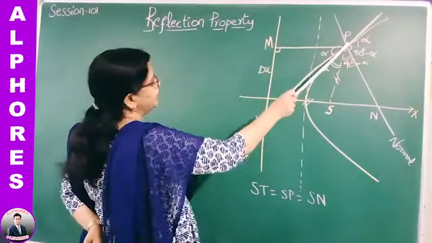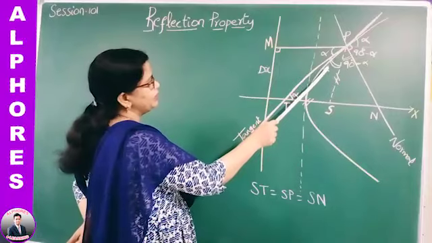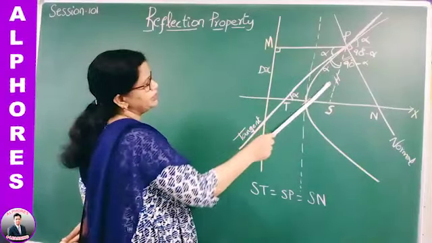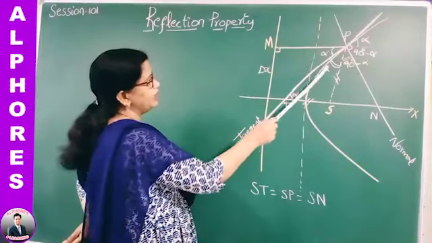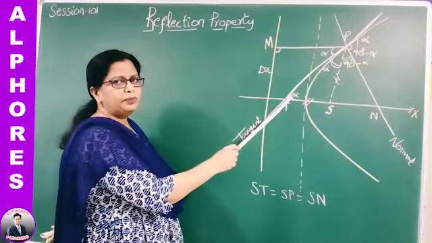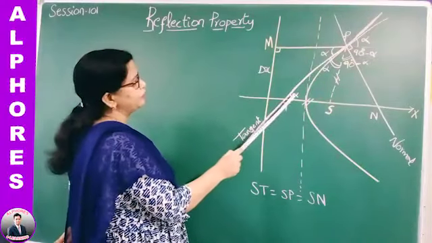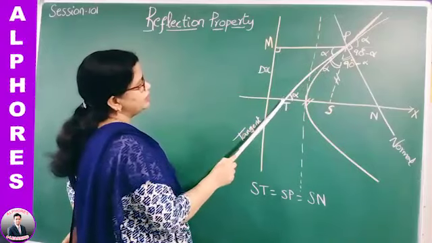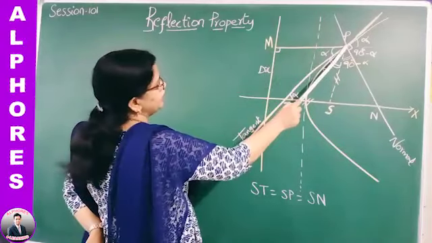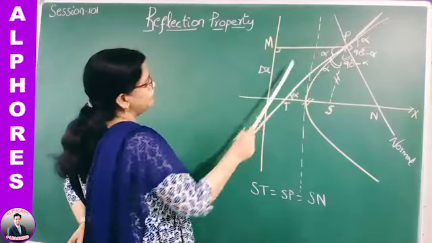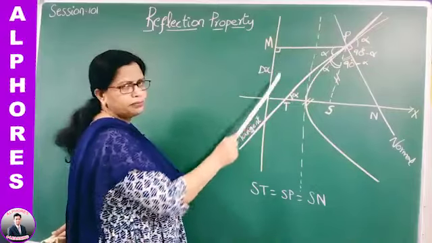Suppose this angle is alpha, the inclination with the x-axis. These two sides being equal, the opposite angle is also alpha, because the angles opposite equal sides must be equal, by the property of an isosceles triangle. Now PM is perpendicular to the directrix, so it is parallel to the axis of parabola.